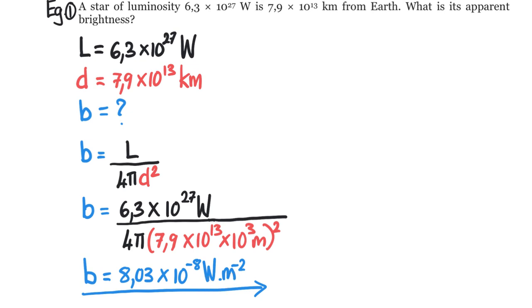The reason for that is the observer is only at a very small area on that imaginary surface. The power, the energy generated per second from the source, gets spread out in 3 dimensions, in all directions, in a spherical way into space. When it gets to the Earth, which is sitting at a point on a huge imaginary surface, that's how much energy we get per second for every square meter.